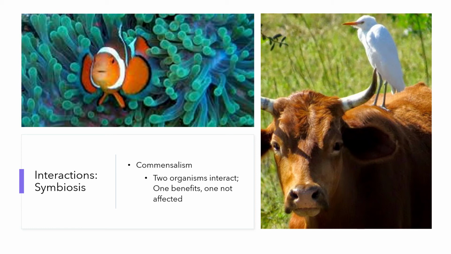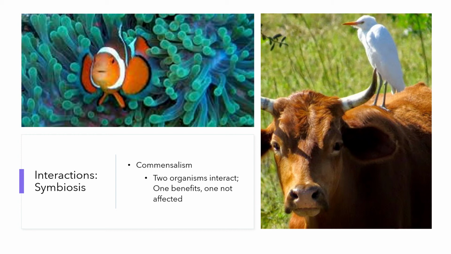So the egrets get to eat bugs that are attracted to the animals, and these animals are not really affected by it. Cows aren't really affected by flies that are around them. Anyone who has experience with cows knows that because they smell awful and there's always flies around them. But the egrets get to eat the bugs that are around them.